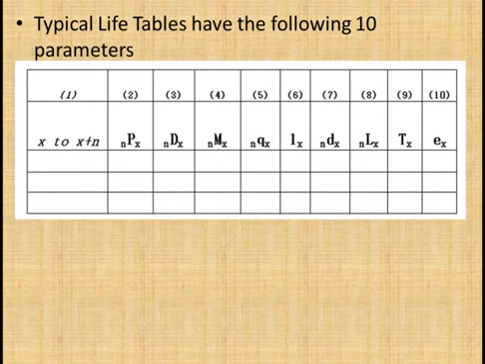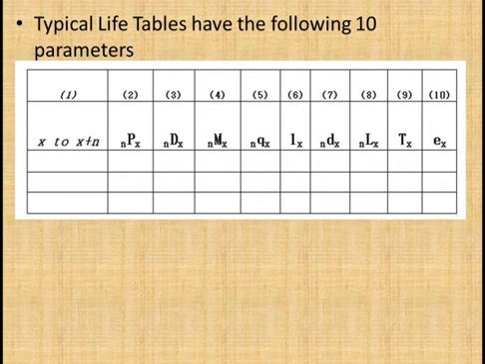We have x to x plus n. This simply gives the age or the age group. The second column has the npx. npx is the total population at age x. Then we have the third column, D. It gives us deaths recorded at age x.